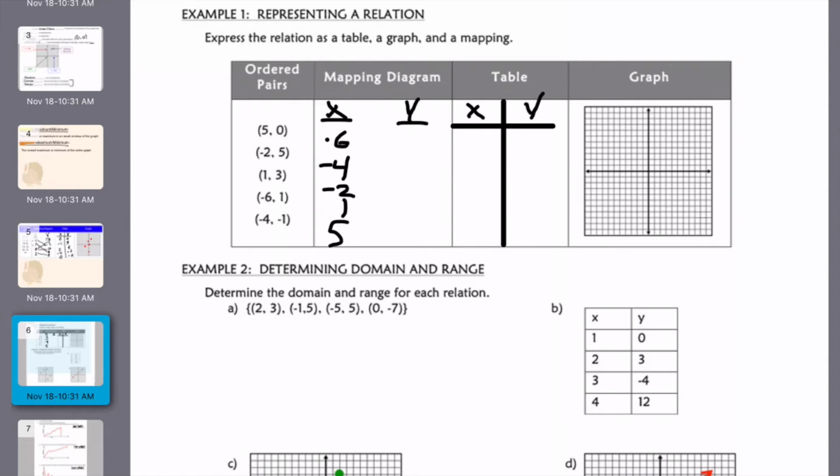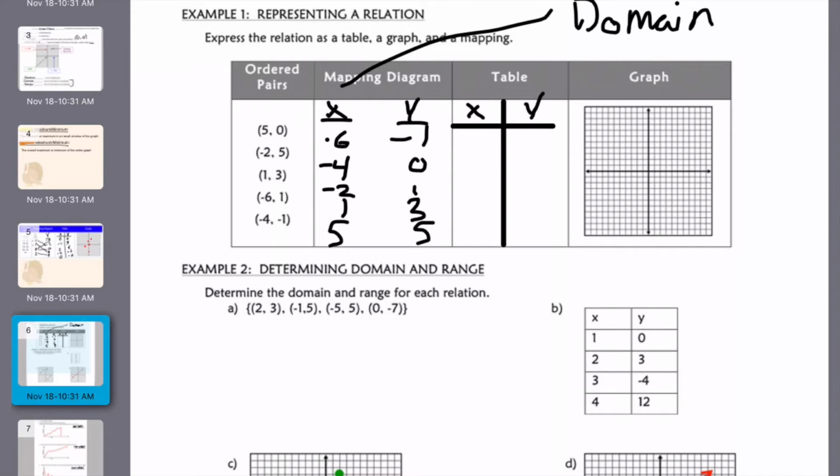And when I look at all of these x values, these are my domain. These are the domain of my graph. And then I need to look at my y values, so -1, 0, 1, 3, and 5.